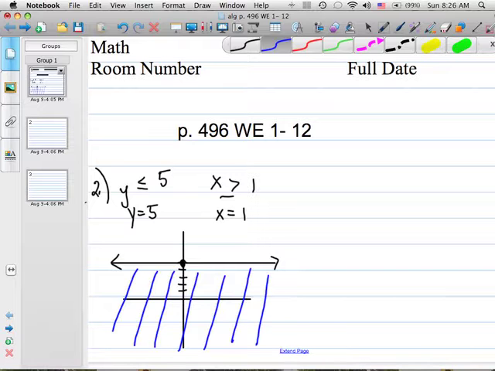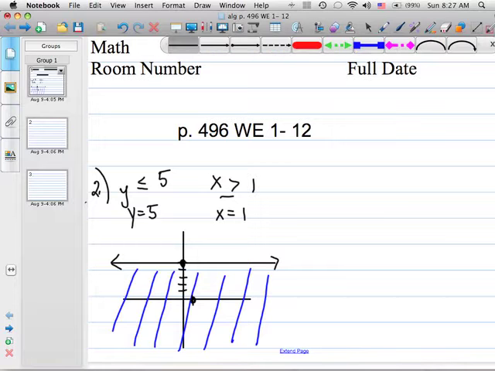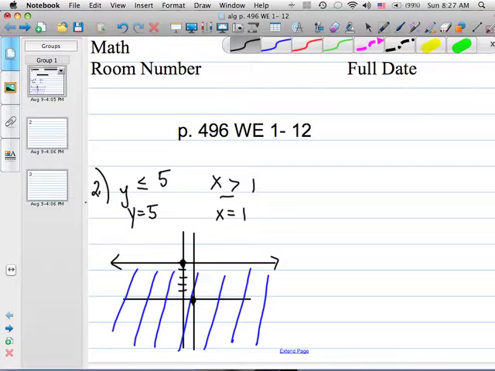X equals 1 is a vertical line, and we could find the point 1, 0, and it's a vertical line, and it's greater than or equal to, so that would be a solid line. And it says greater than or equal to 1, so that would be to the right.